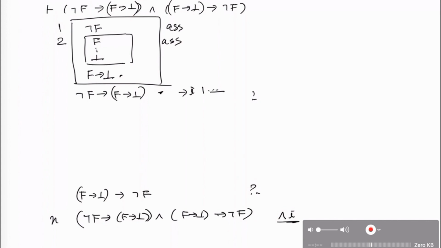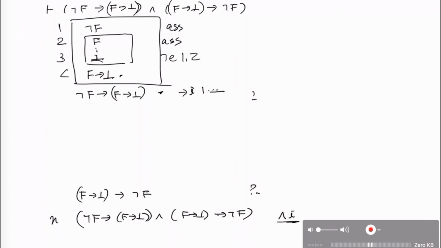Now we have to go from lines 2 and 1 to derive this bottom. It's actually easy because we already know the contradiction inside this inner box. We already know that f is true, and we also know that not f is true because not f is outside the outer box, but it affects the inner box too. So we can use the negation elimination rule from lines 1 and 2 to derive bottom.